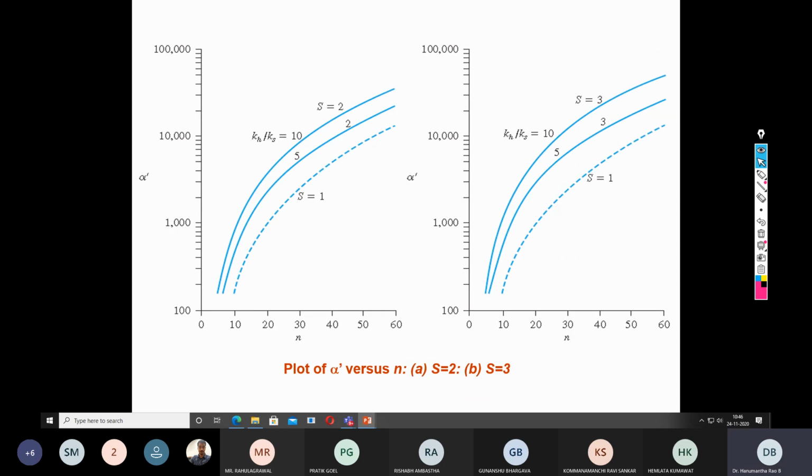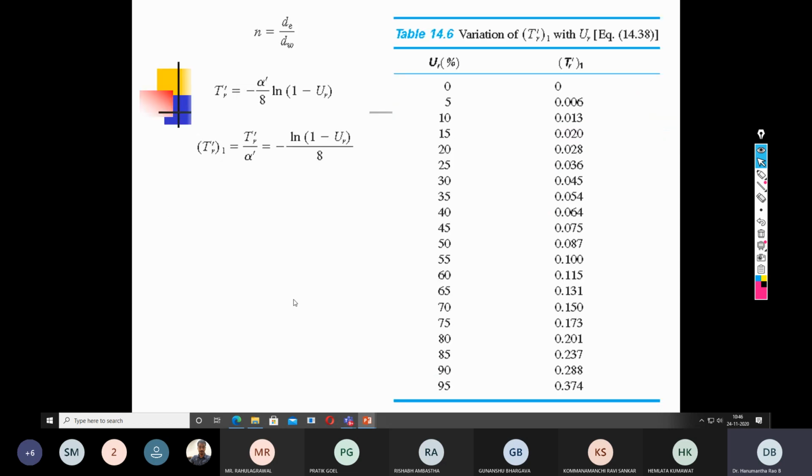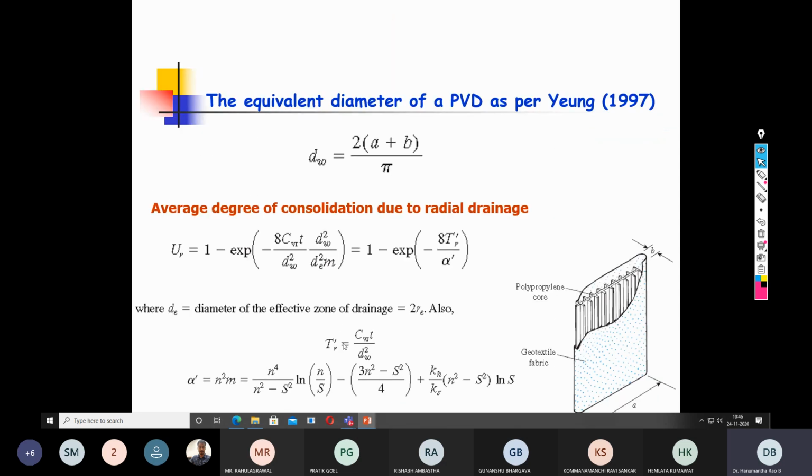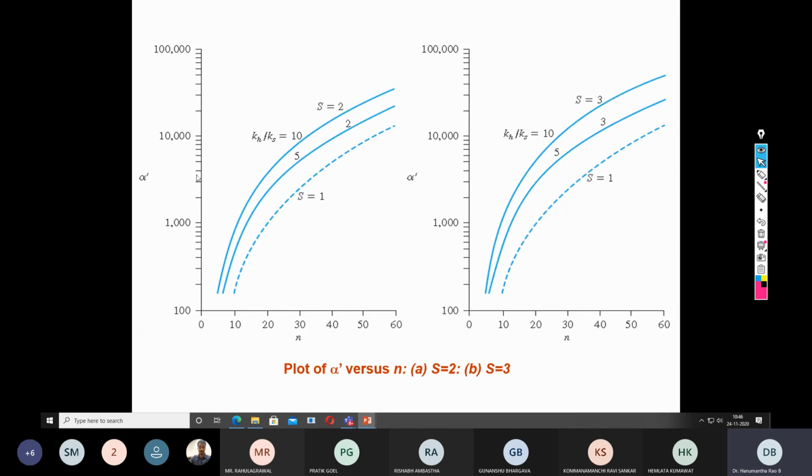Alternatively, we can also use these predefined charts to pick up the values of n, where n is the ratio of dE by dW, that is the equivalent zone diameter by the drain diameter, and alpha dash is a constant. Alpha dash is a big equation, so instead of solving this entire numerical equation, we can simply use this chart.